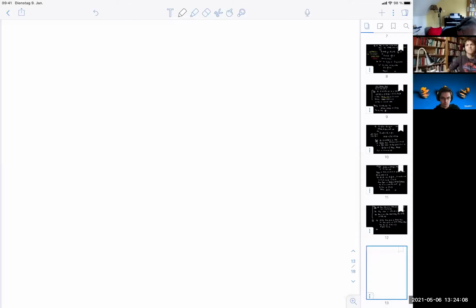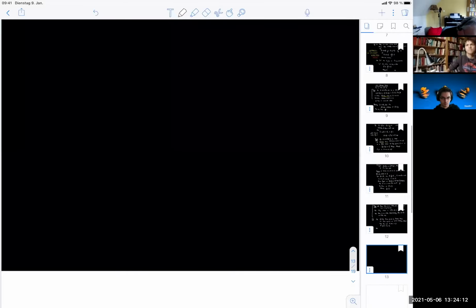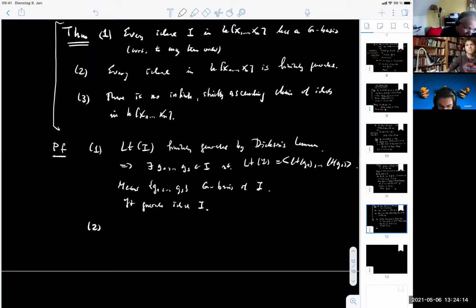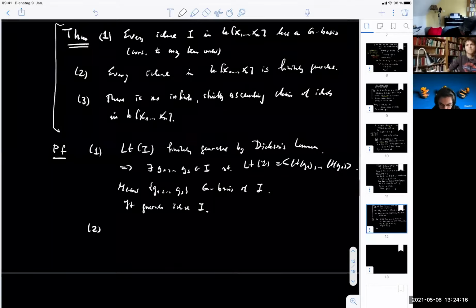Oh, here. Okay, got it. Sorry. Proof of two. Every ideal is finitely generated. I mean, I is generated by a Gröbner basis of I, which was proved in one: there are Gröbner bases.